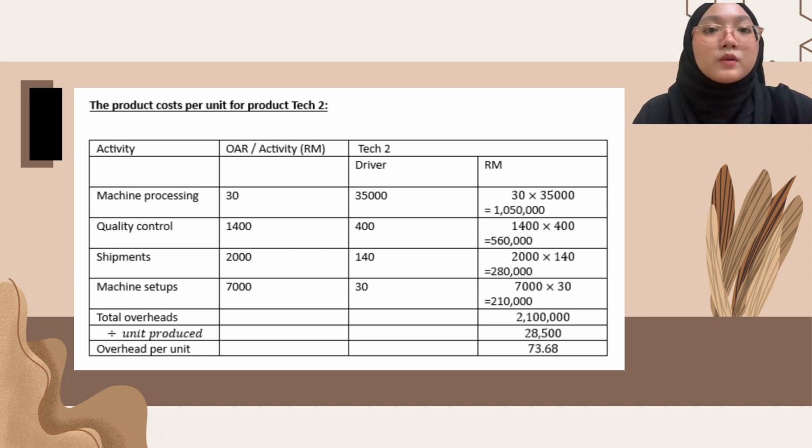For machine setup, OAR is 7,000 multiply with 30, and the answer is 2,010. Total overhead for machine processing, quality control, shipment, and machine setup is 2,100. How we get overhead per unit is total overhead divided by units produced, and the answer is 73.